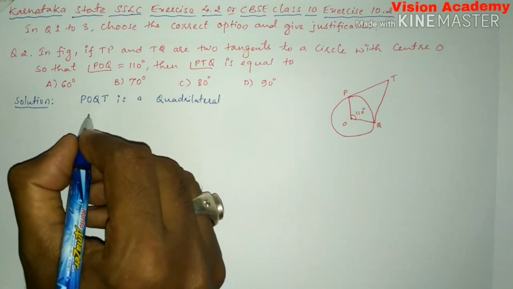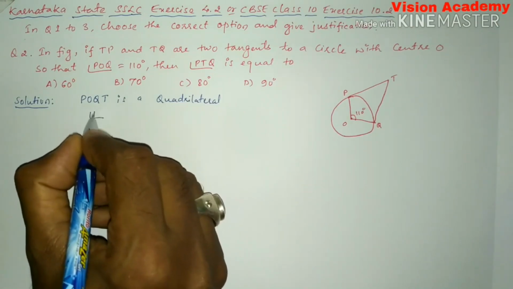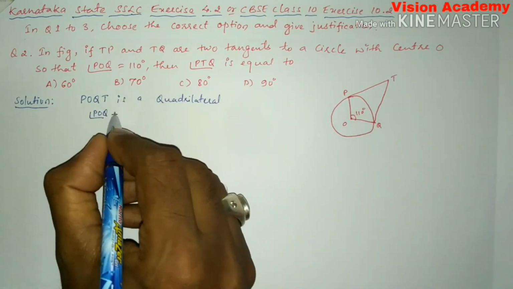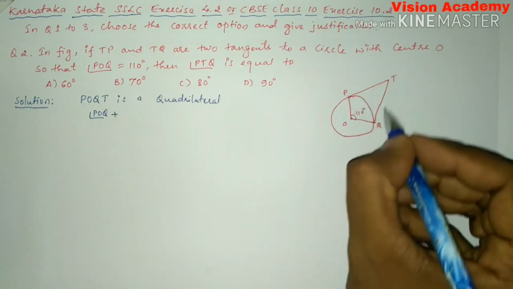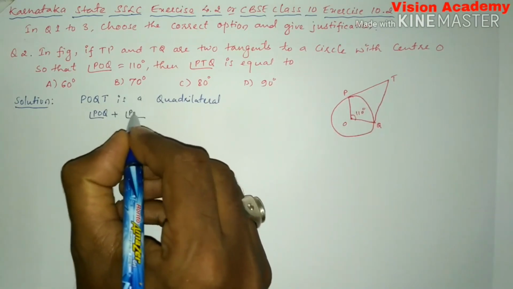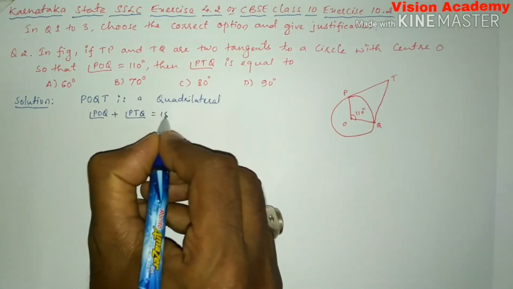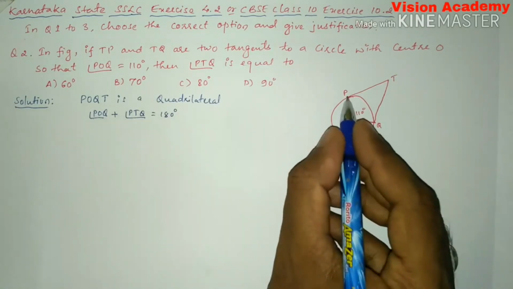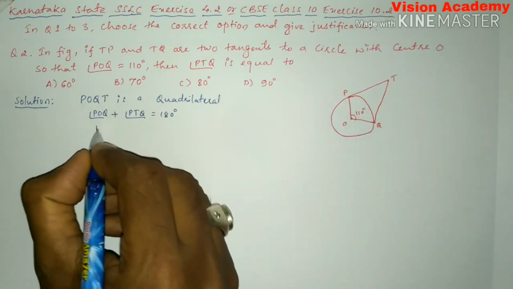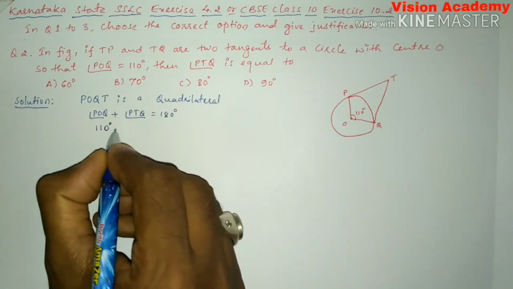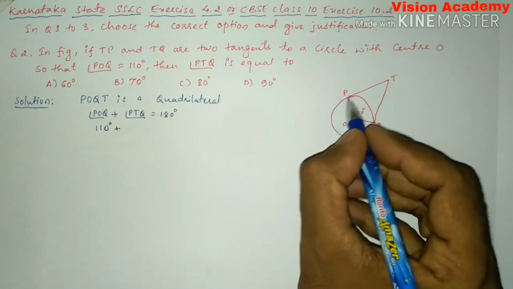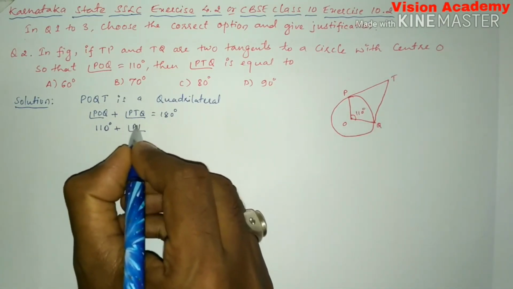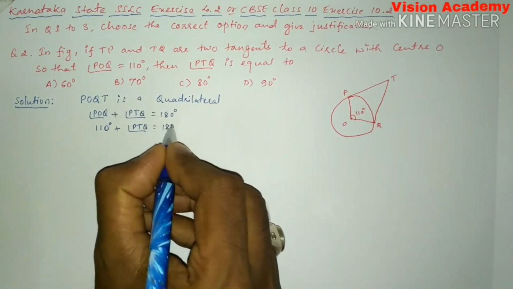In quadrilateral, angle POQ plus angle PTQ is equal to 180 degree. Here POQ is already given, that is POQ is 110 degree, plus we need to find PTQ. So here angle PTQ is equal to 180 degree.